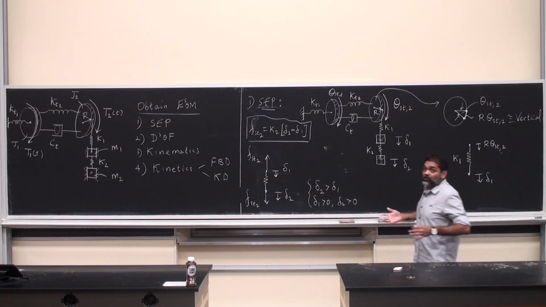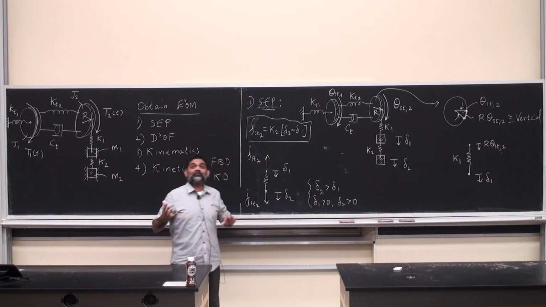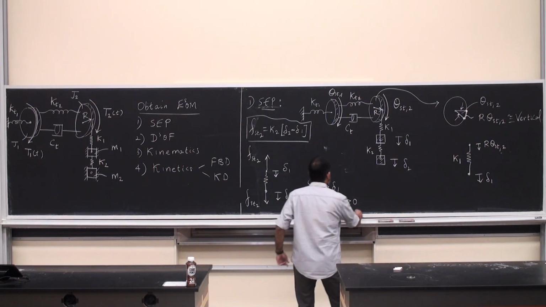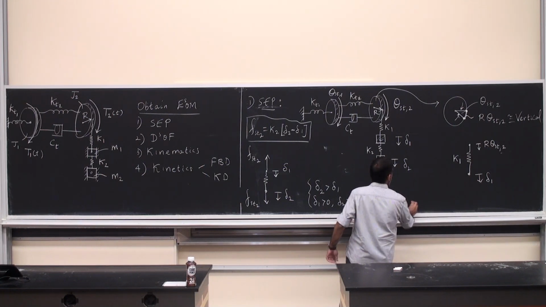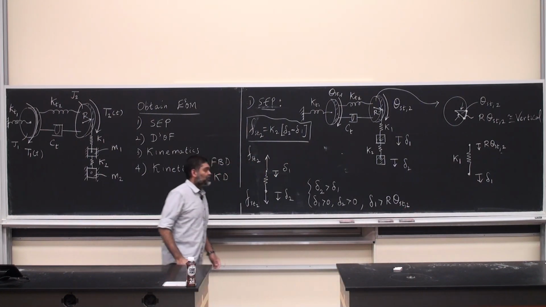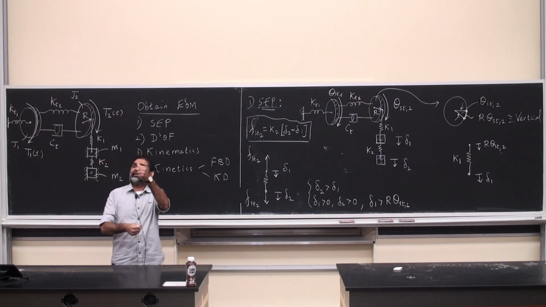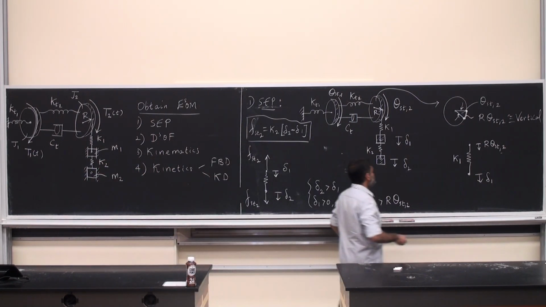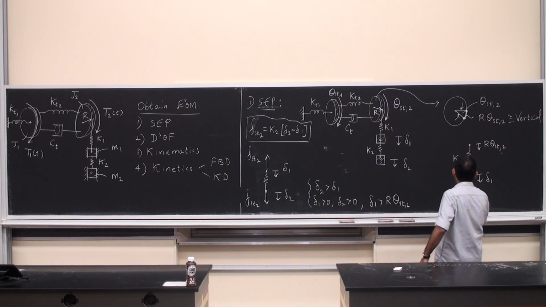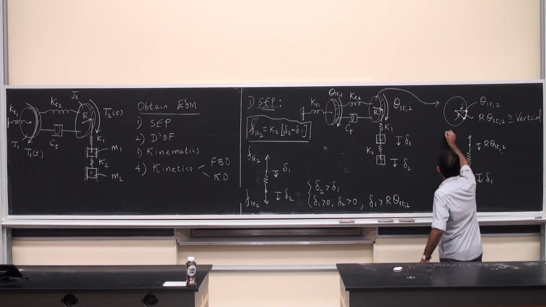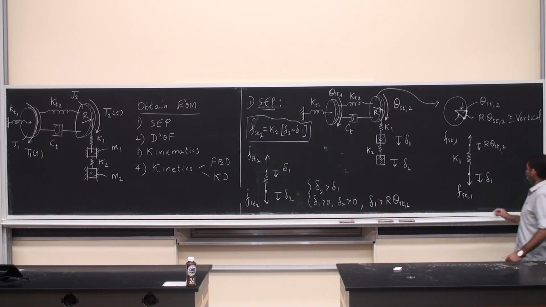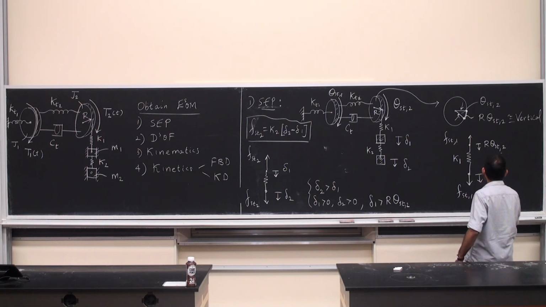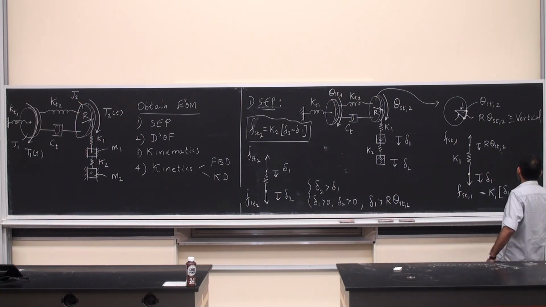For positive delta 1, positive r times theta static 2, if delta 1 is larger than r theta static 2, then this spring is also in extension at SCP. Okay? F static 1 can be given as K1 times (delta 1 minus R times theta static 2).